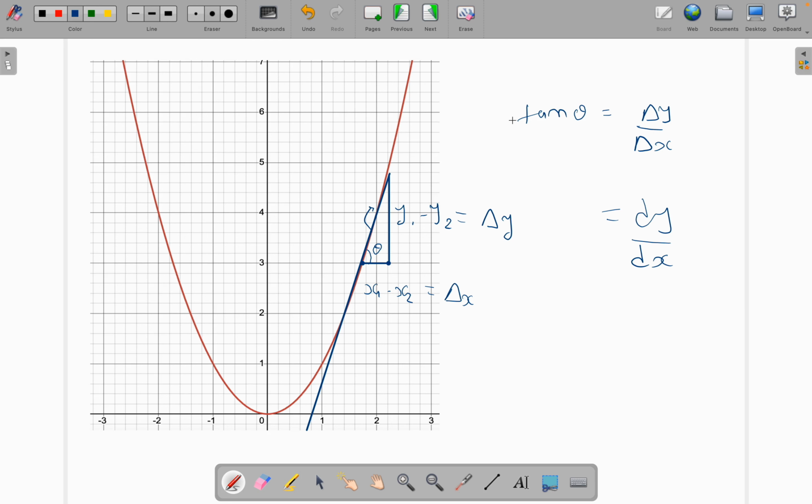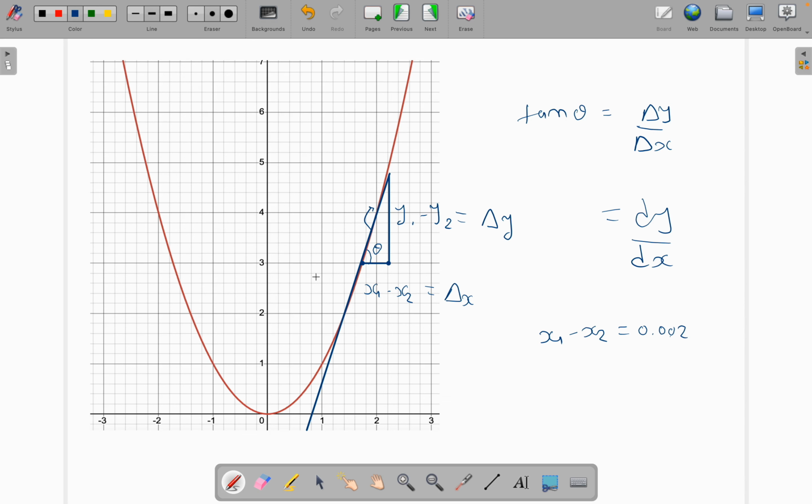But for this larger step, it might not look like an exact right angle triangle, so we can't apply this geometry exactly. But if there is a very little difference between x1 and x2, let's say a very small difference like 0.002, then this triangle will be very small and you will get a perfect triangle. Then we can apply the tan theta equation as well.